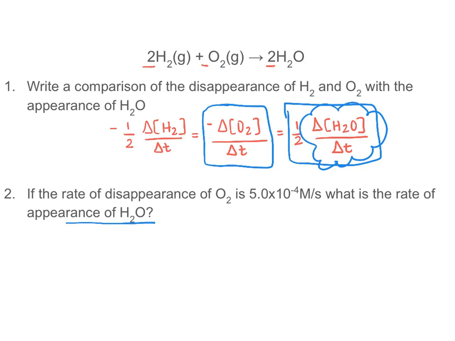So right now it's multiplied by 1/2. So if we multiply it by 2, we'll get it by itself. So -2, and remember this is the rate of O2.